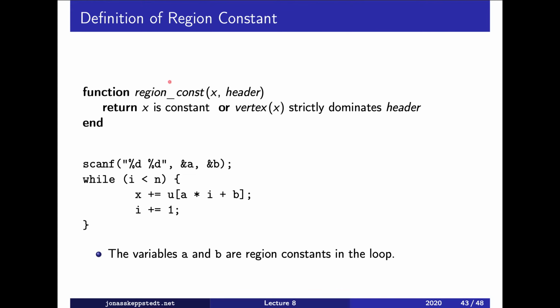So region constant, either it's a constant or the vertex which defines this strictly dominates the header for the strongly connected component. So here A and B are region constants.